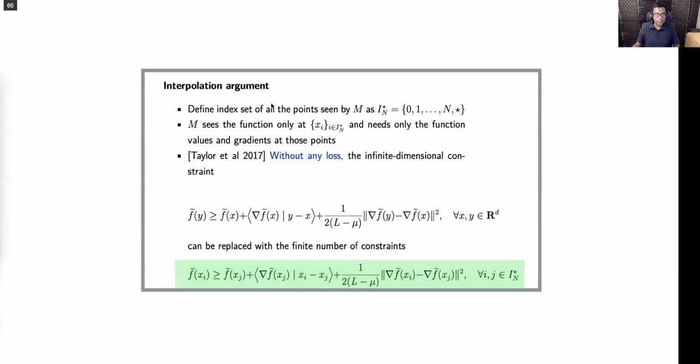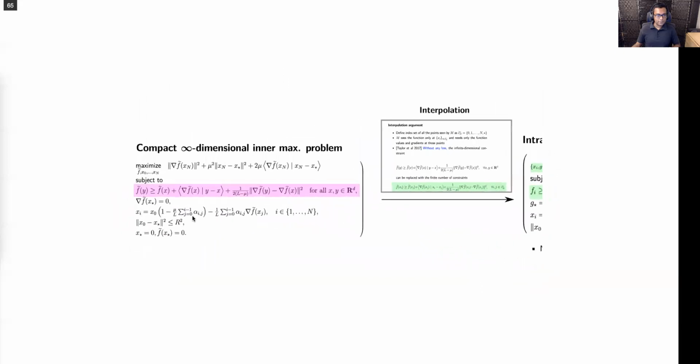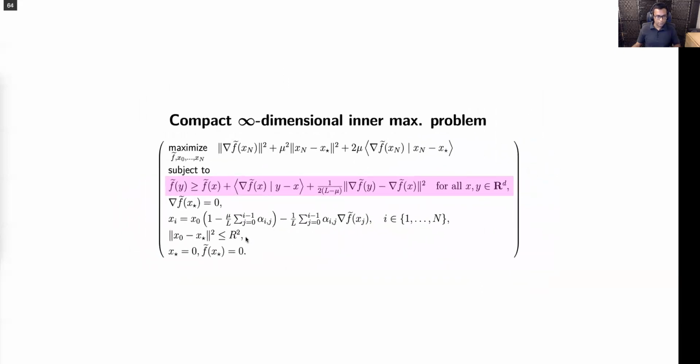So what does this interpolation argument say? First, we define the index set of all the points seen by our method M as I_N star. These are the indices of all the points that our algorithm is going to encounter in the previous optimization problem. If we look at it carefully, we will see that this algorithm is only experiencing the function f tilde at points x0, x1 until xn, and it also needs to know how the subgradient of f tilde is behaving at x star.